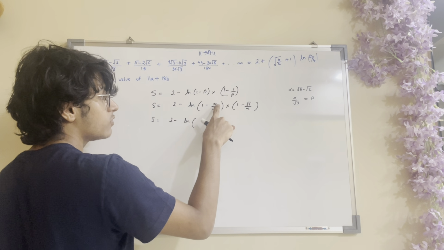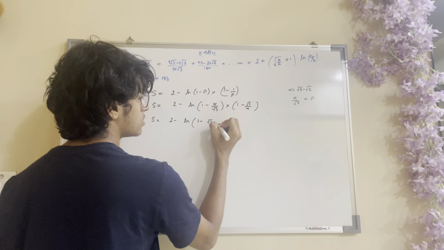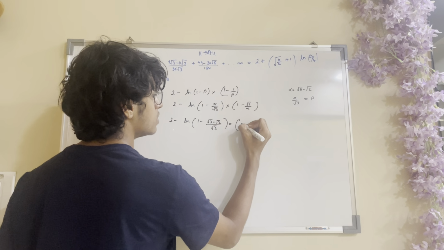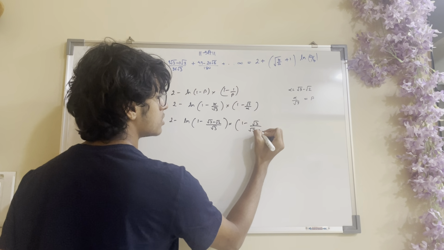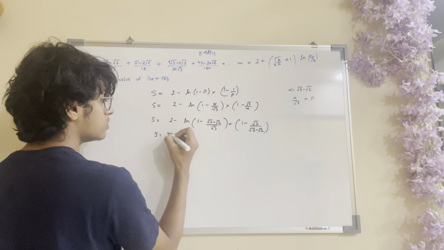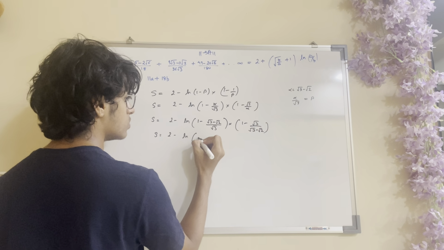Substituting the value of alpha as root 3 minus root 2, we have (1 minus (root 3 minus root 2) upon root 3) into (1 minus root 3 by (root 3 minus root 2)). Taking LCM here and here too, we have this is equal to 2 minus ln into root 3.